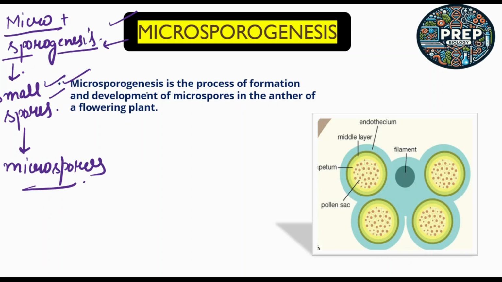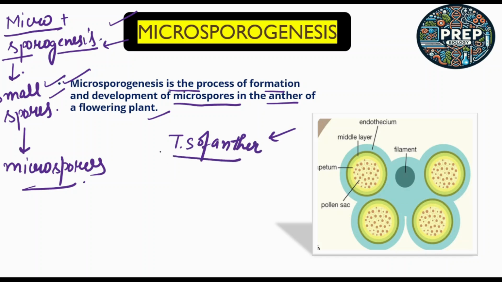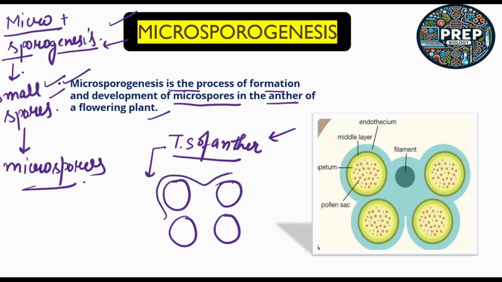Okay, so let's study the definition. Microsporogenesis is the process of formation and development of microspores in the anther of flowering plants. In previous classes, we have studied about this TS of anther, and we all know the TS of anther contains 4 sacs, and those 4 sacs are called the microsporangia.